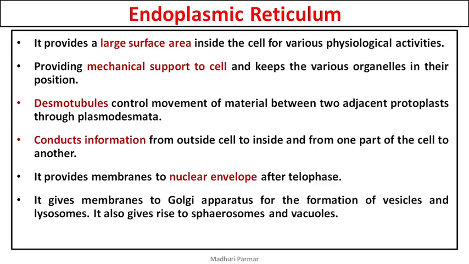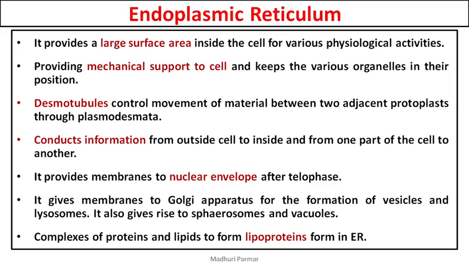So from endoplasmic reticulum itself, Golgi apparatus would come into existence along with their vesicles and lysosomes. It also gives rise to spherosomes. Spherosomes are small microbodies which store lipids, and vacuoles. These are all formed from endoplasmic reticulum.